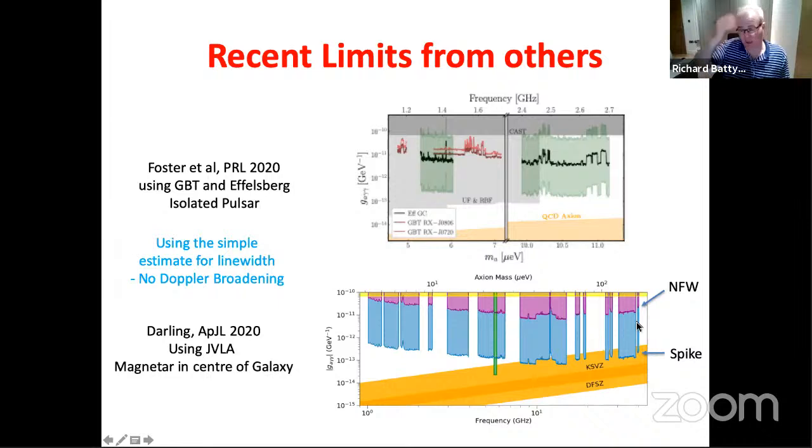This calculation depends on the local density of axions, which is unknown in the center of the galaxy. If you believe that the galaxy has an NFW profile in the middle, then you get these purple lines. And if you believe it has what's called a spike model, a much sharper spike of dark matter in the middle, then you get this number. Anyway, those are the current state of the art.